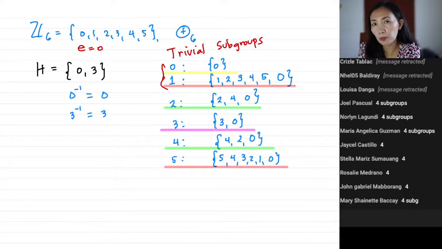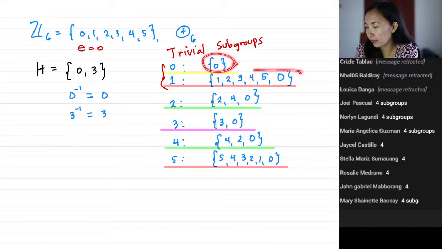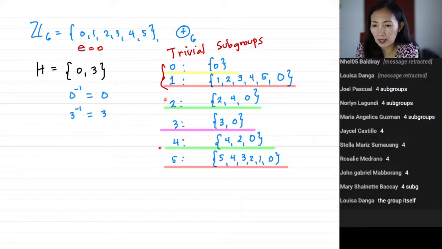That group which contains the identity element and the group itself are the trivial subgroups of a group. And the other subgroups generated are that which is generated by 2 and by 3, but 2 and 4 generate the same subgroup. So this is how to form the subgroup of a group.